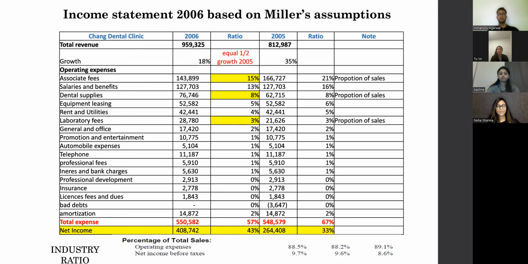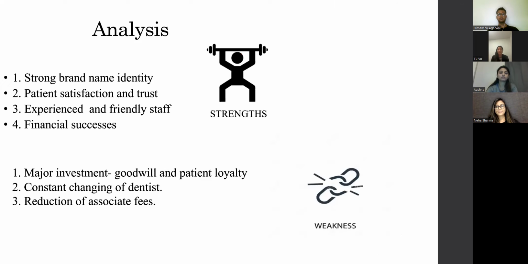It means that the Chang business is quite promising based on this number. And in order to understand other factors, Ashna will share with you the SWOT analysis. Ashna, please go ahead.